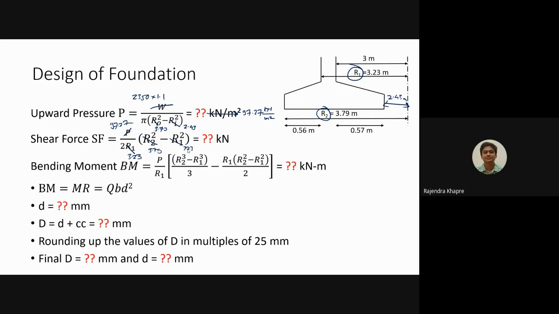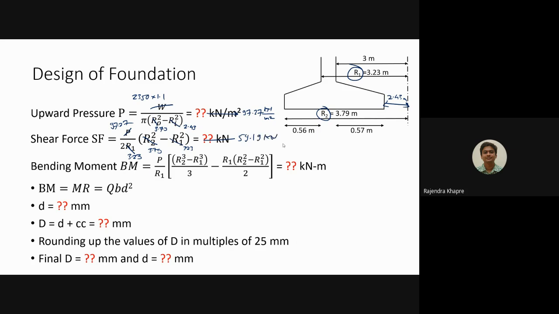How much is coming for the shear force? 191.2, someone please cross check. This is the shear force which is coming at the outer section, 59.19 kilonewton. Okay, so this is the shear force.